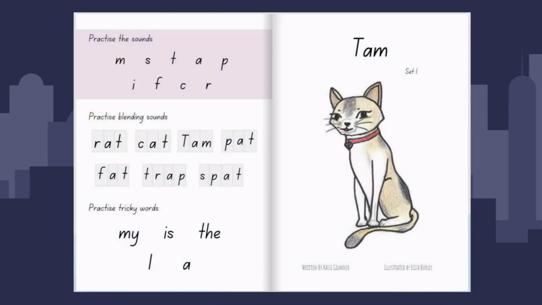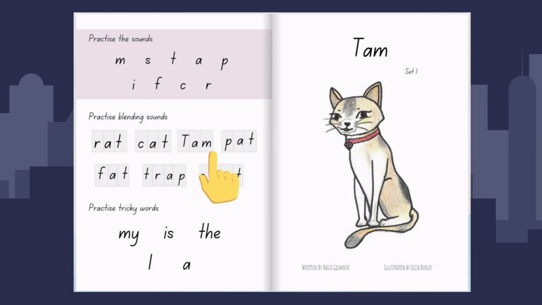Let's begin by saying your sounds for each letter. Go. Good. Okay, let's sound out some words, blending. Rat. Just like that. Your turn. It says cat.